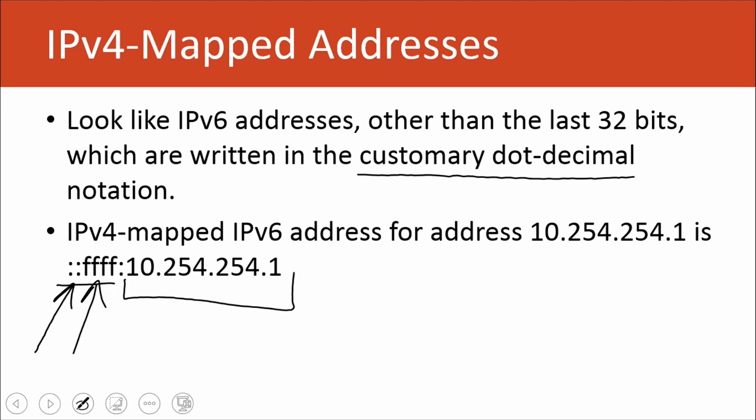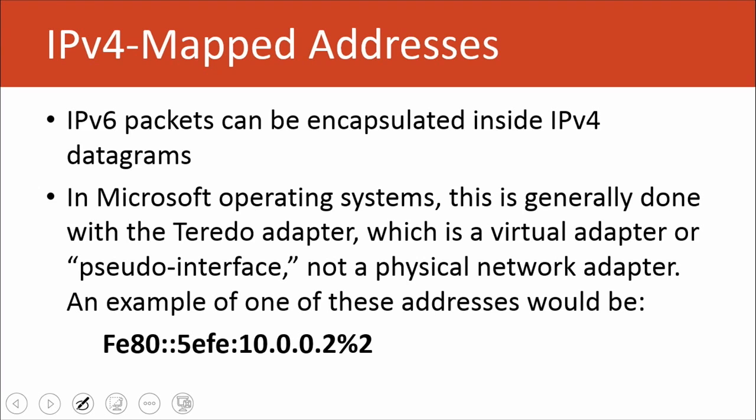Okay. So it's amazing what computers can do and how much goes on behind the scenes that we're not even aware of. To continue our discussion of IPv4 mapped addresses, IPv6 packets are encapsulated inside of IPv4 datagrams. With Microsoft, it's done with something called a Teredo adapter, which is just a virtual adapter, a logical interface, a pseudo interface, as it says on the screen.